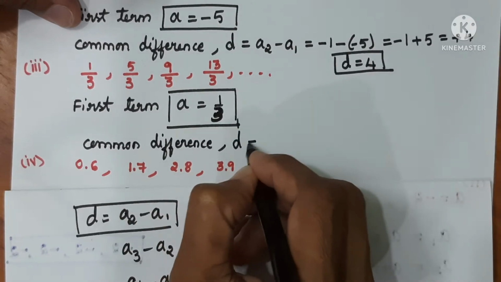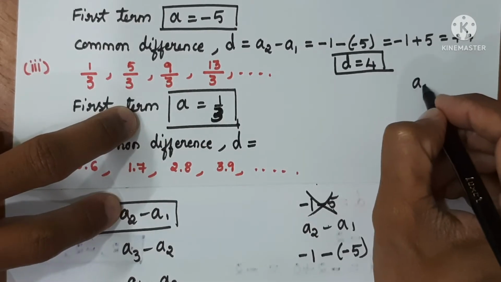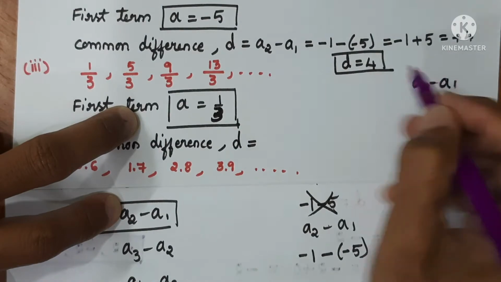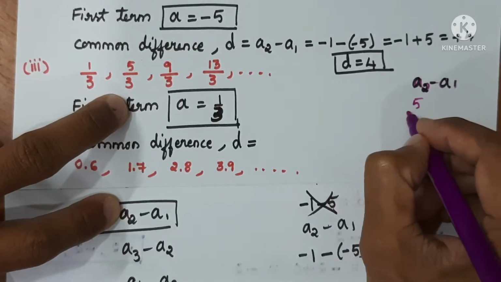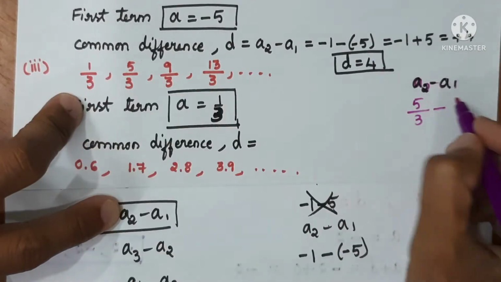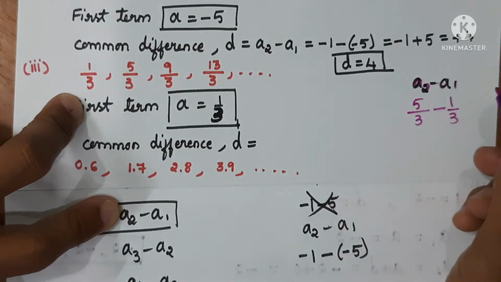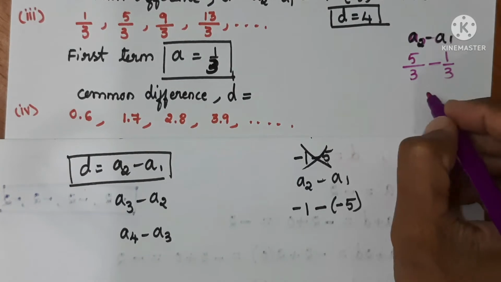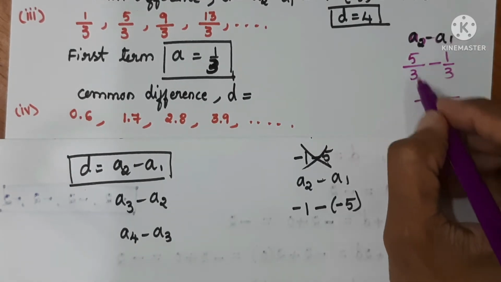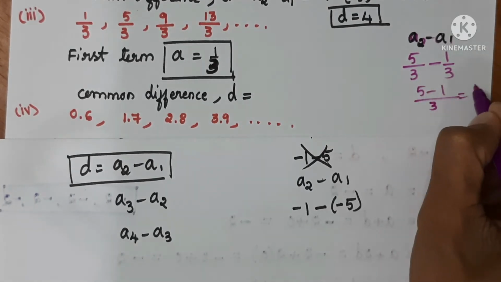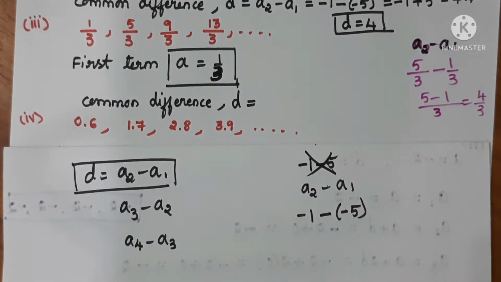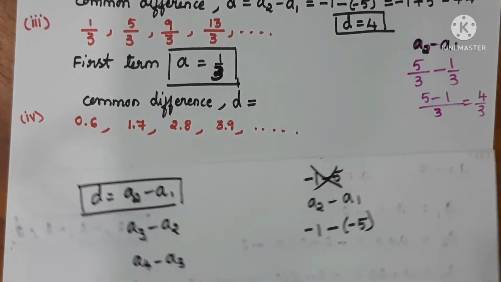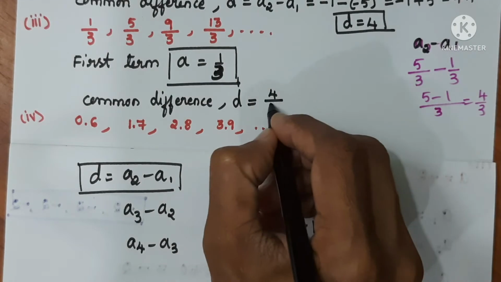D equal to, now we have to subtract A2 minus A1. Here the second term is 5 by 3 minus the first term, 1 by 3. Since they are fractions, we have to take the LCM. The LCM for the denominators is 3. So here 5 minus 1 is equal to 4 by 3. So the common difference D is equal to 4 by 3.